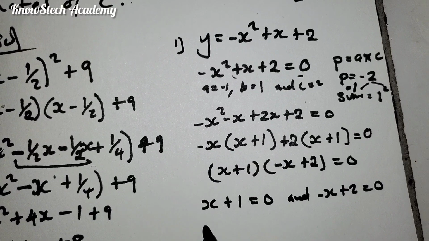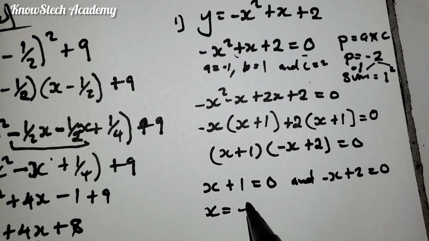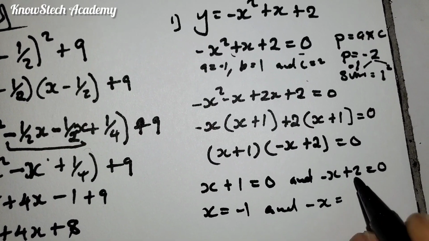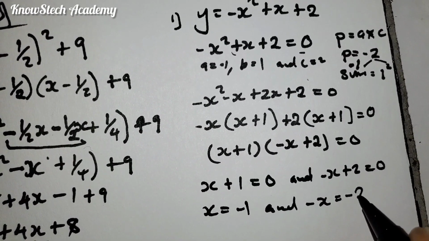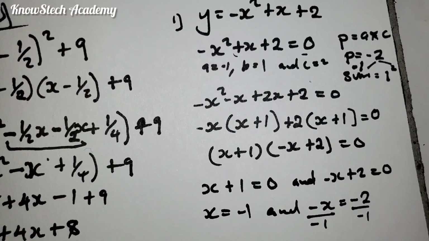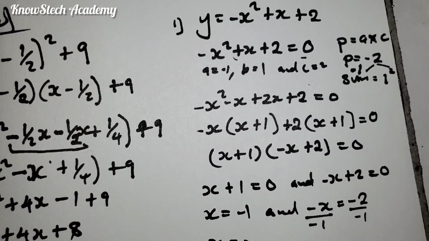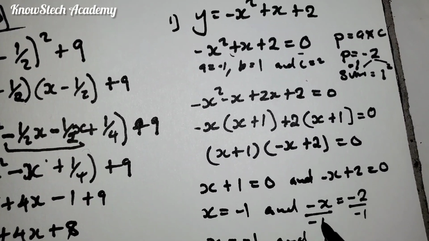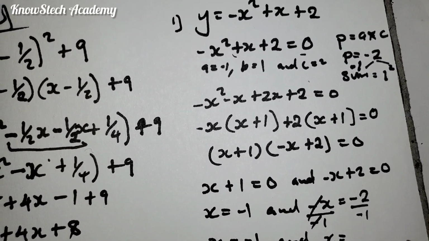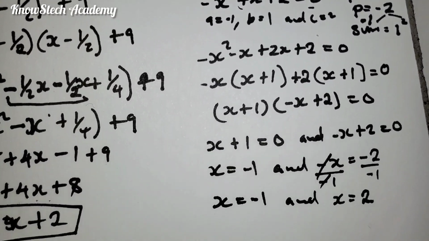So x is equal to negative 1, as this crosses the equal sign and becomes negative 1. And negative x is equal to negative 2, when this one crosses the equal sign, of which we're going to divide by negative 1. Negative and negative cancel. x is equal to negative divided by negative is positive, 1 into 2 is just positive 2.